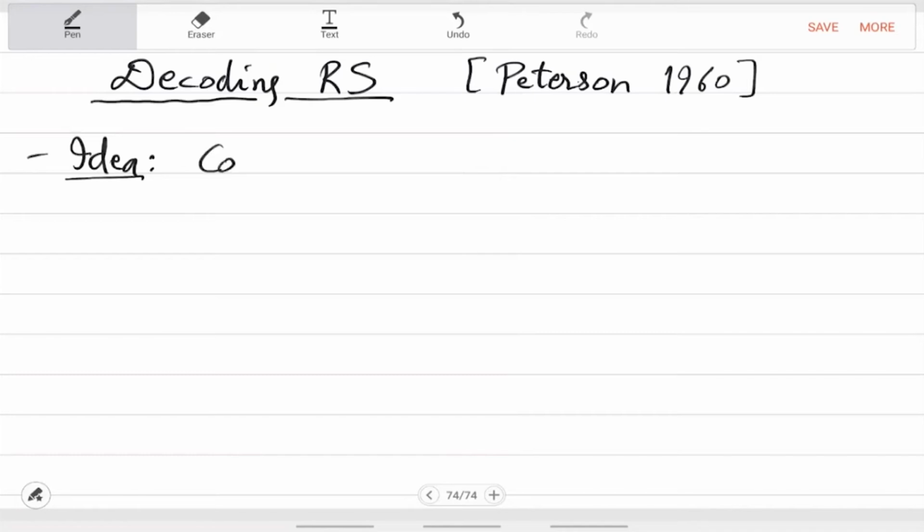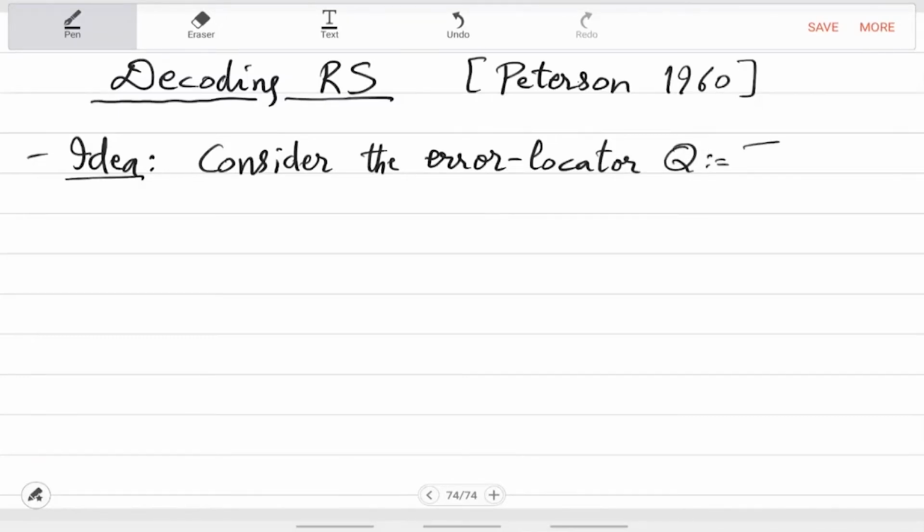So the idea is to consider an error locator polynomial Q, which for Bob is unknown.